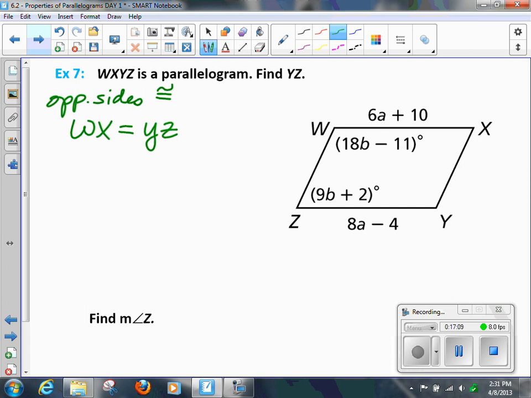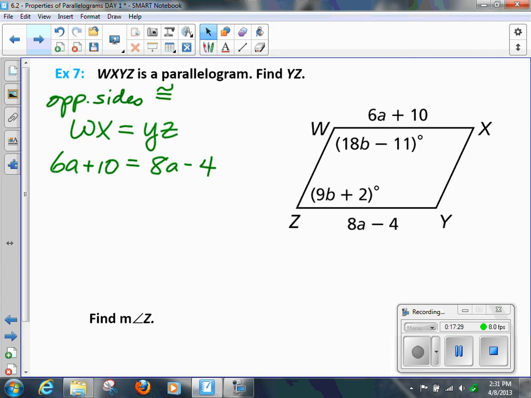What is WX? 6A plus 10. What's YZ? 8A minus 4. Then what? Solve it for A, and then plug it back in and figure out what YZ is.